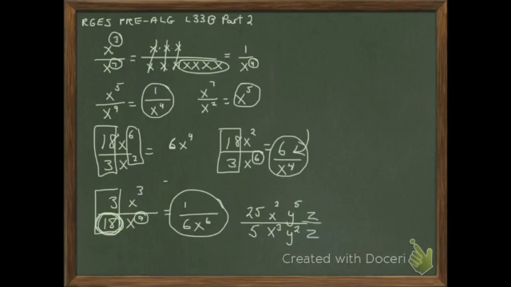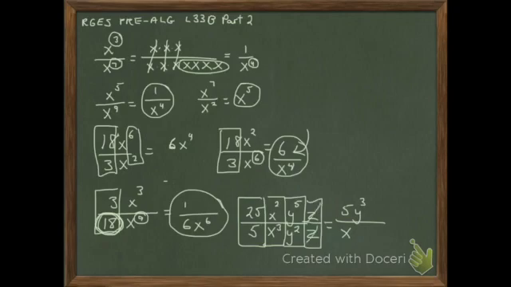Do it one step at a time. What's my number? 25 divided by 5 is 5 in the numerator. Look at my x's. More in the denominator. How many more? 1. Look at my y's. More y's in the numerator. How many more? Look at my z's. They cancel each other out. And that's the end. Right there.